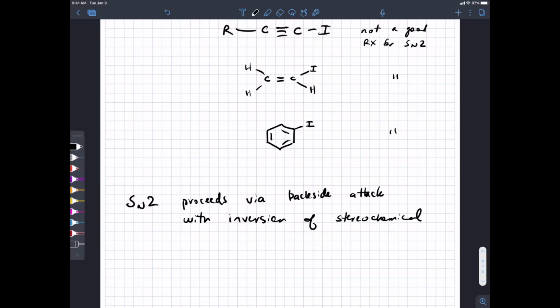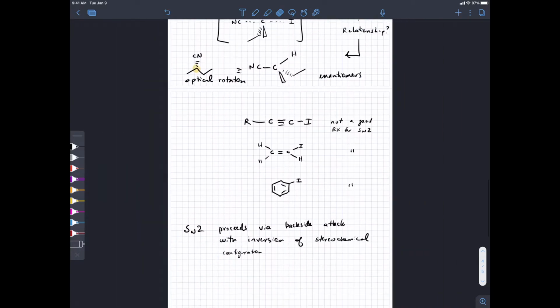And by that, I mean, maybe we need to put the term relative on there to qualify it. I don't mean to suggest that it will always switch from R to S or S to R, because that's going to depend on the priority of the nucleophile you come in with versus the priority of the leaving group that left. But you will see inversion of configuration.